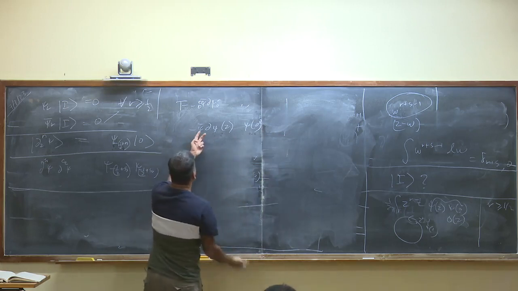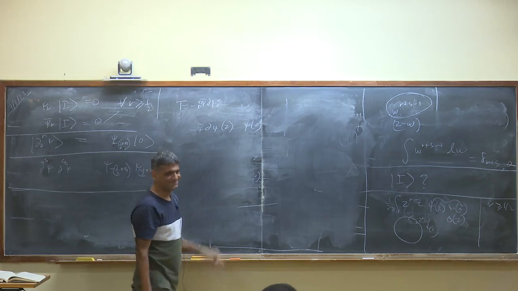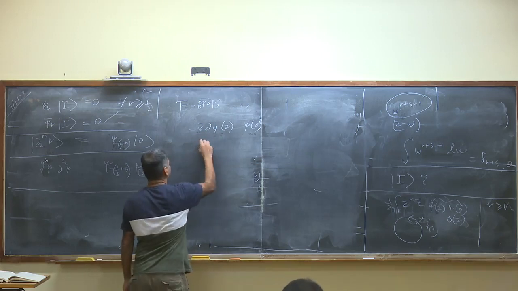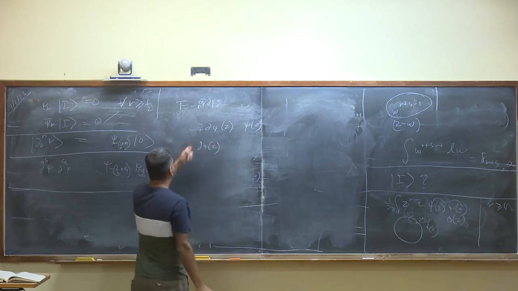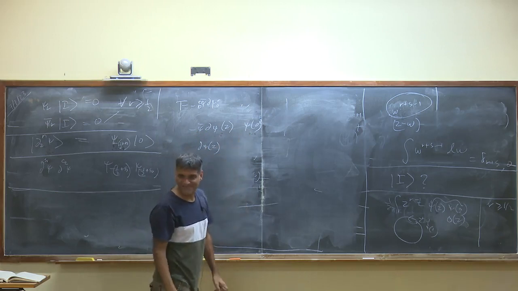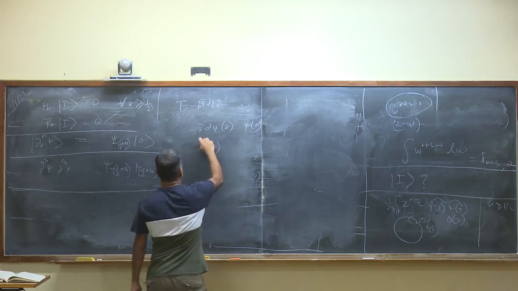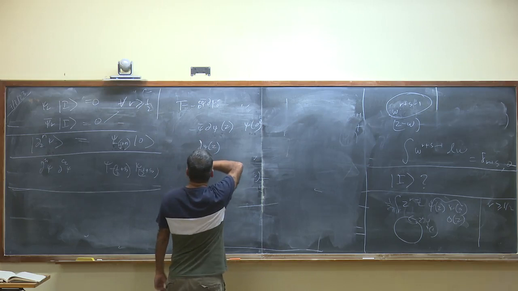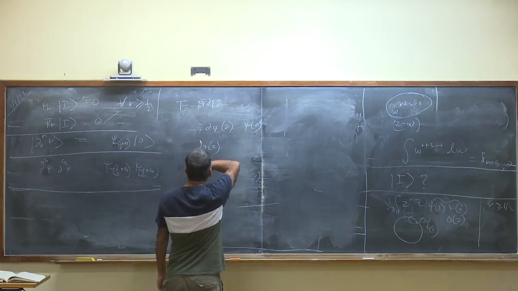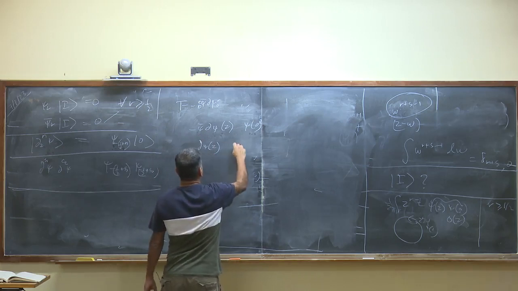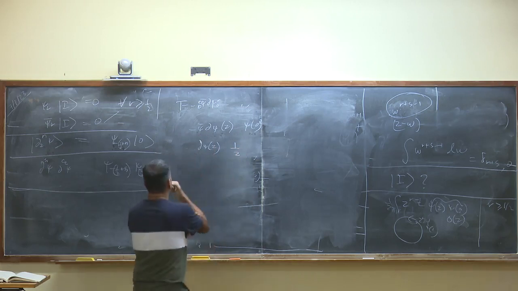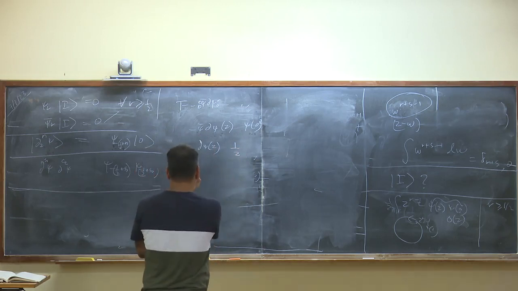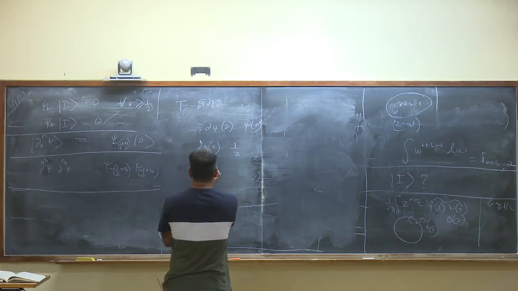So first we switch order. We pick up a minus sign. We get del psi of z. Then psi bar of z with psi of 0. So we get psi bar of z with psi of 0, and so we get 1 over z. No, plus.